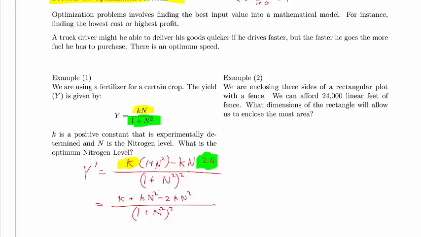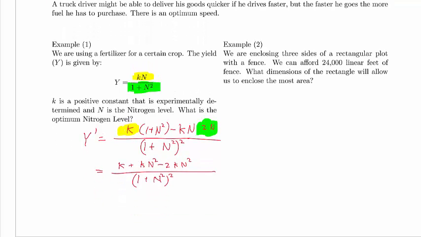All right, so note that we got two like terms here, and so that's going to further simplify. And so we're going to have k minus kn squared divided by 1 plus n squared quantity squared, and we can do one final simplification. We can factor out the k, and so we're left with k times 1 minus n squared over 1 plus n squared quantity squared.